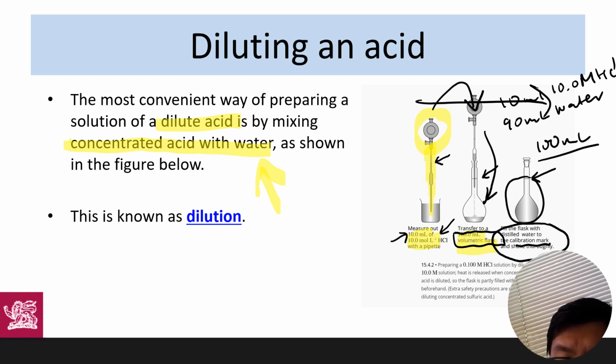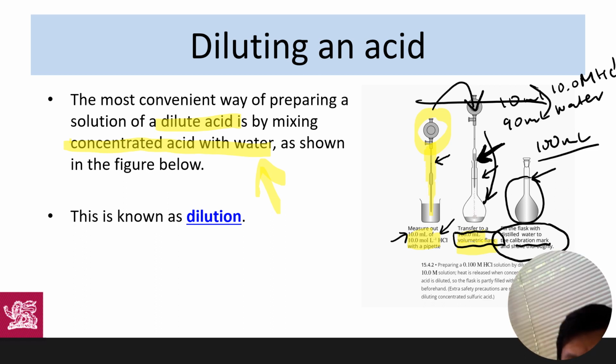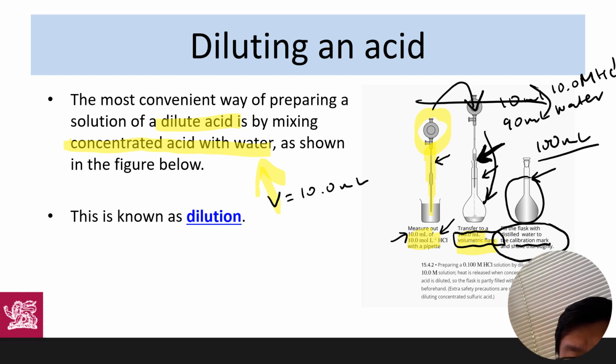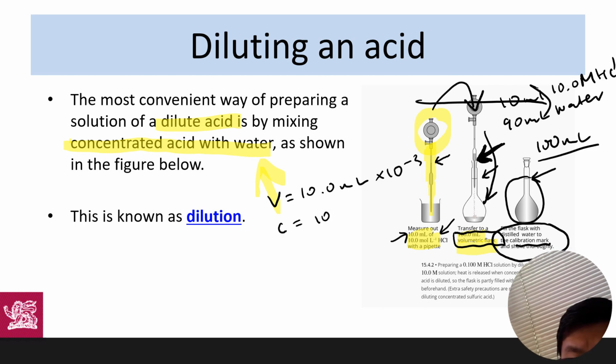So if we want to calculate exactly how many moles is in here, when we pipette it out, we would go, all right, I know that the volume I used was 10 mil. So that's the volume. And we need it to be in liters. So we would divide it by 1,000 or times it by 10 to the negative 3. And we know the concentration, which is 10.0 moles per liter.